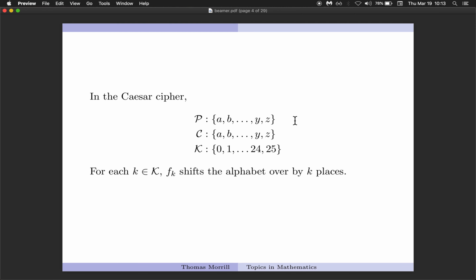And the ciphertext also consists of the alphabet. We're just changing letters into letters. The idea was just for any integer k, we can move the letters of the alphabet over by k places and wrap around at Z. So this is similar to the idea of modular arithmetic.